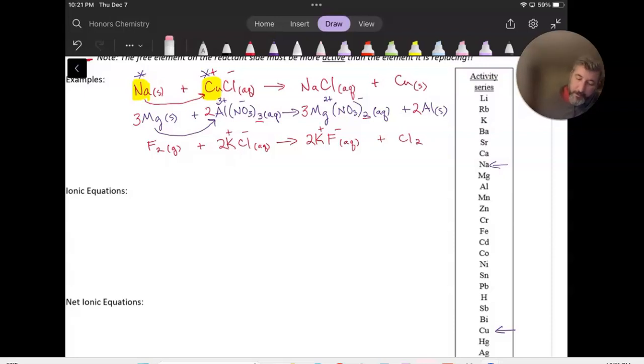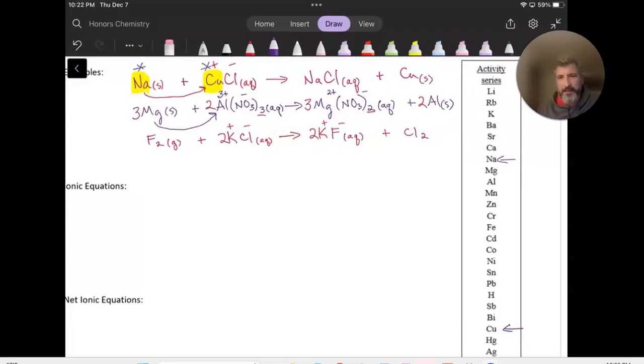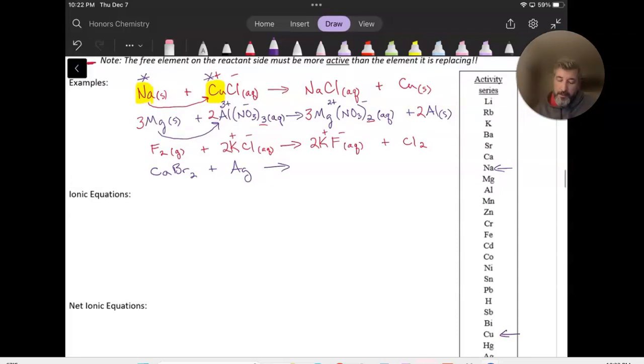So let's do another example here. And by the way, the free element doesn't have to be listed first on the reactant side. So, for example, I might have calcium bromide and let's say silver. Okay, and I'm just going to skip the physical states this time. If you look at this, the thing that's by itself is the silver, right?